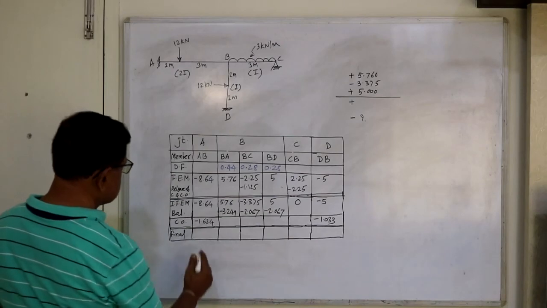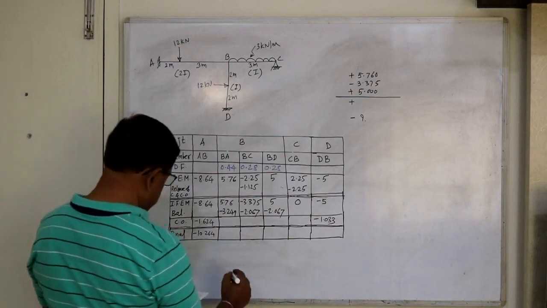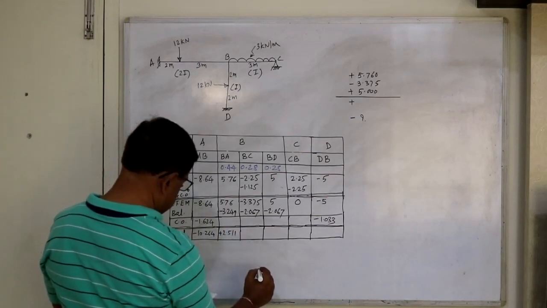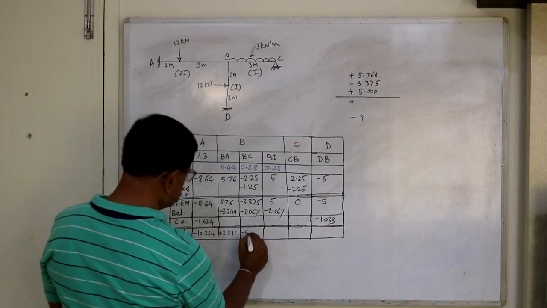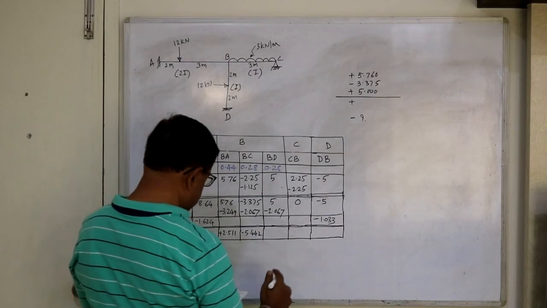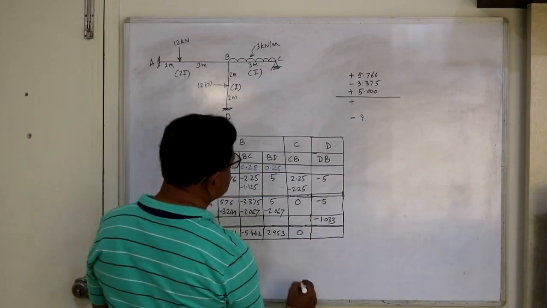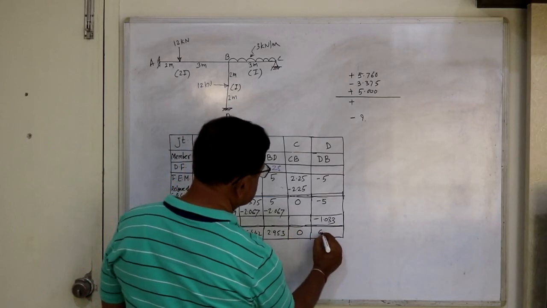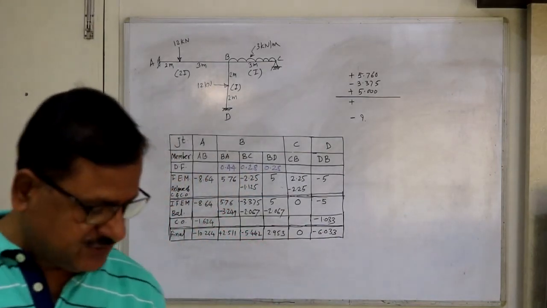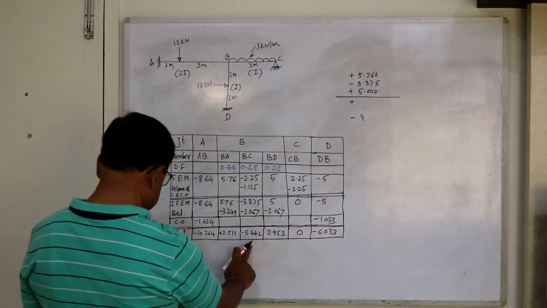This gives us minus 10.264, plus 2.511, minus 5.442, and BD 2.953, CB 0, and DB minus 6.033, anti-clockwise, and this is clockwise plus, this is anti-clockwise.